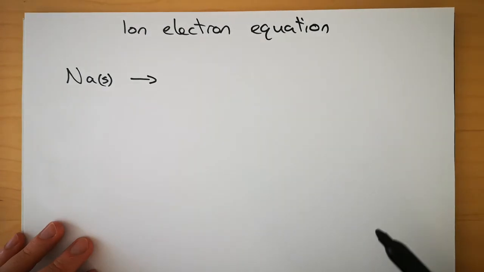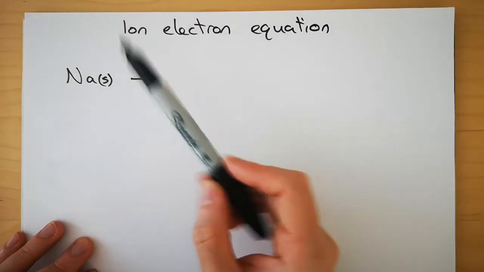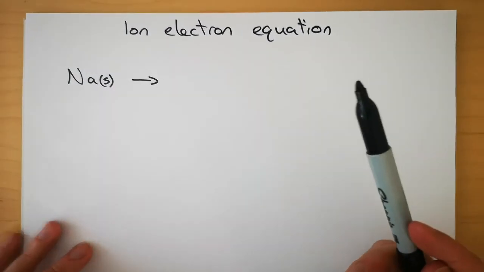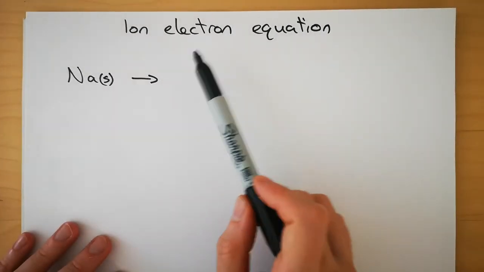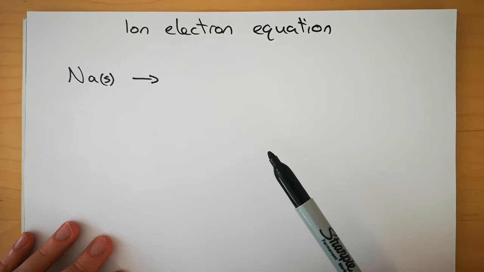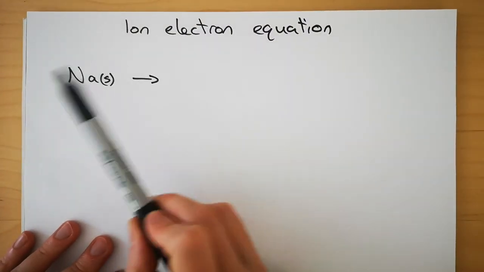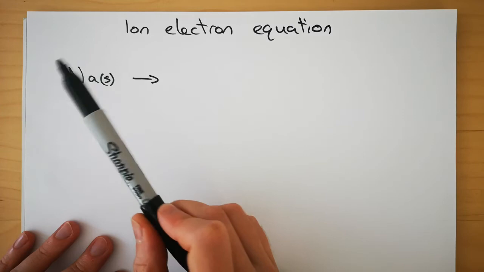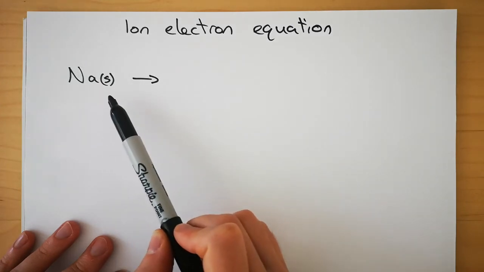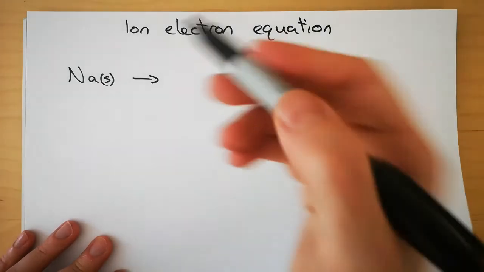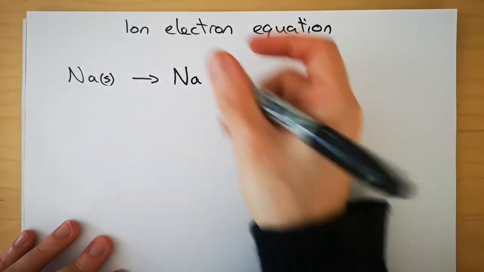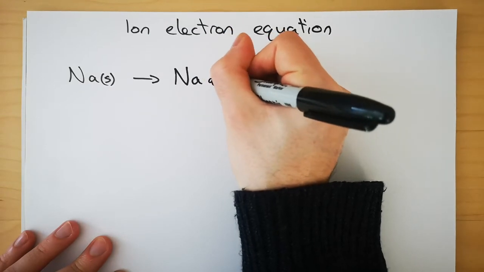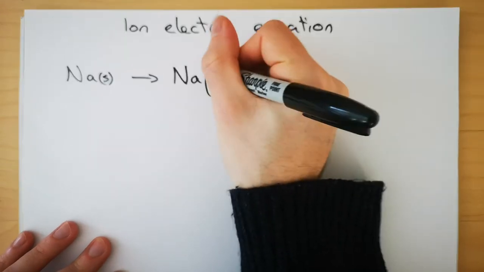Okay, so we've got to cover these ion-electron equations. Now, the ion part just means that we'll be dealing with an ion somewhere along the way, and we'll be dealing with an electron somewhere along the way as well. Now, the sodium itself will start off as a solid metallic compound, and that sodium will kick out an electron. So as it kicks out an electron, it's probably going to be in an aqueous state at this point.